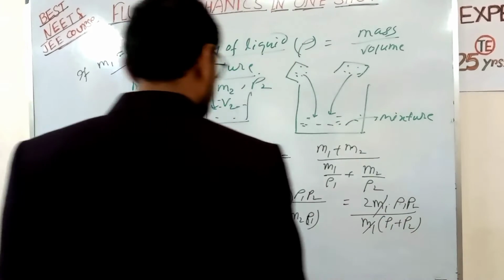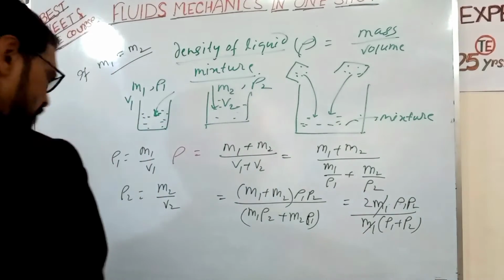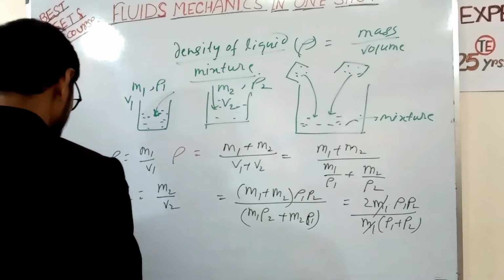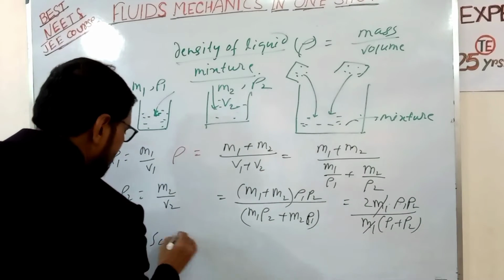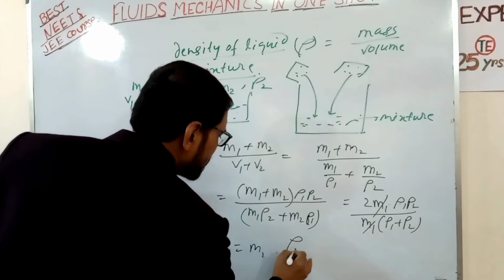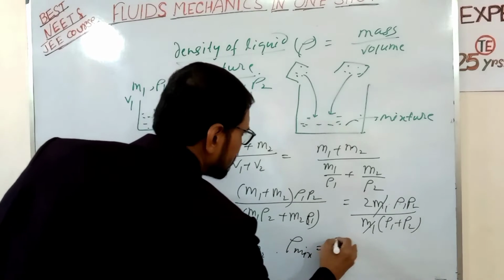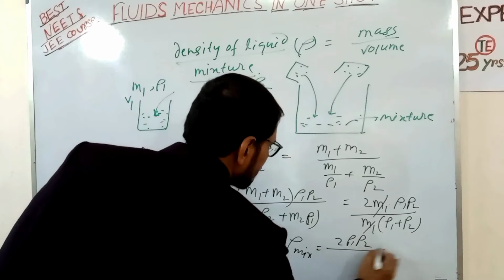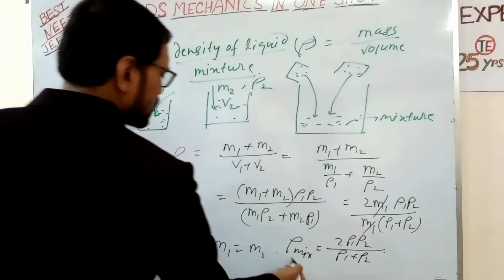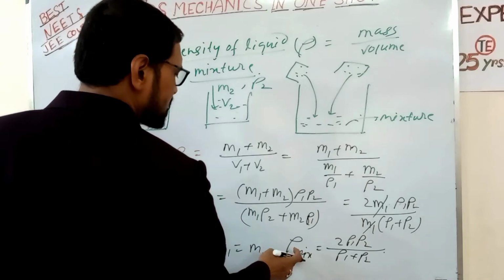We cancel m1. So if m1 equals m2, the density of the mixture will be 2 rho1 rho2 by (rho1 plus rho2). This is the formula for the density of the mixture when the masses are equal.